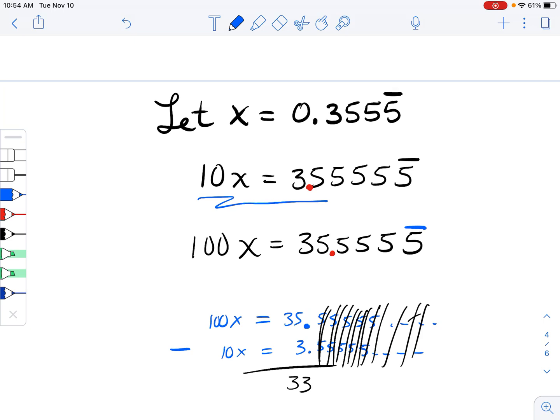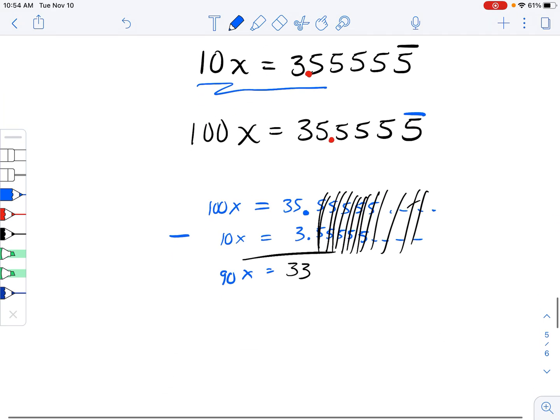So 100x minus 10x is going to give me 90x. So 90x is equal to 33. If you know any algebra, to isolate x, which is multiplied by 90, we have to divide, and that takes it away, and we have to do it to both sides. This is an algebraic concept that some of you might know, some of you might not.